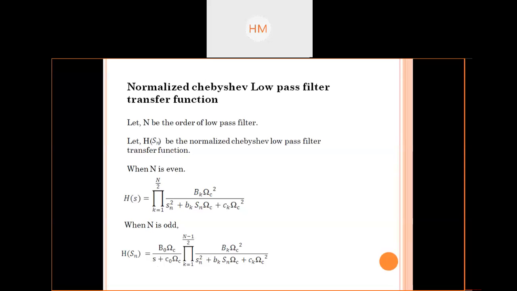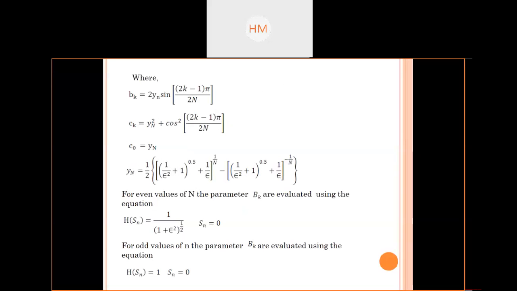The equations are the same. You can see the equations are the same. Now the terminologies, the Chebyshev polynomials, will be changed over here. Next, write down where these polynomials are changed. The standard transfer function equation is the same. Now the polynomials will be changed. So write down these polynomials.